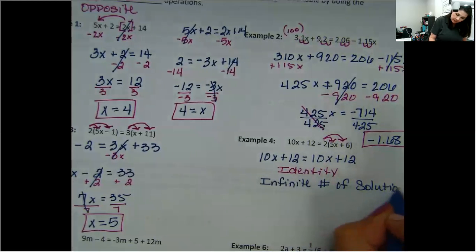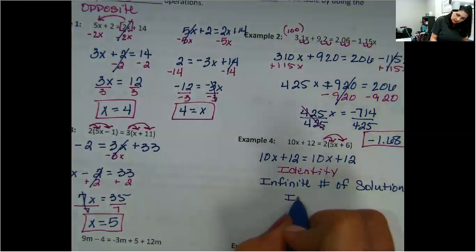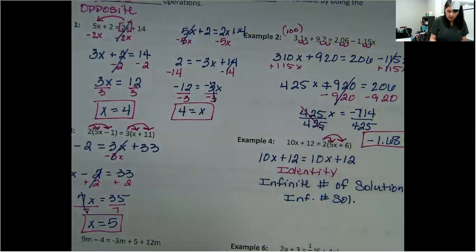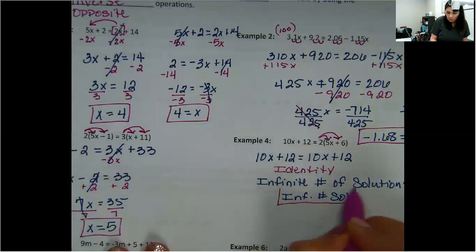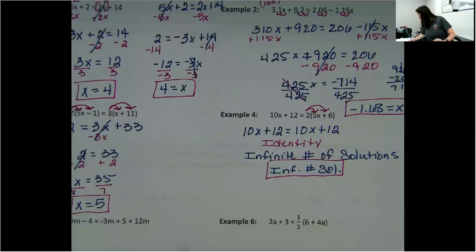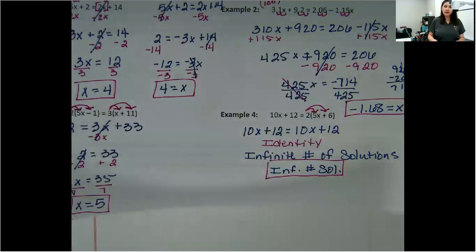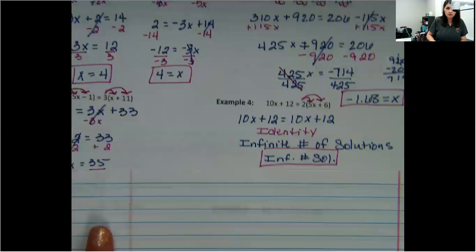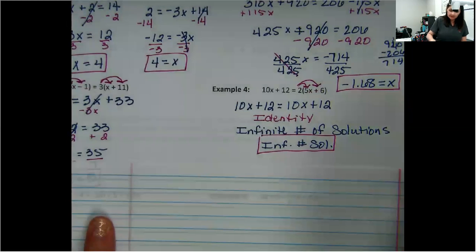And we abbreviate this to infinite number like that. Now, I am going to show you why this is the case. Okay, I'm going to rewrite this 10x.